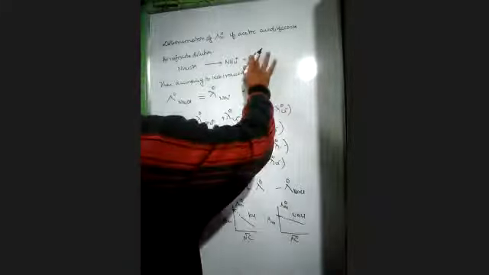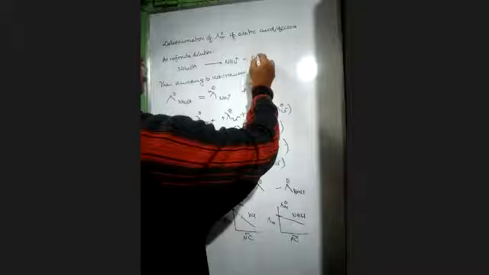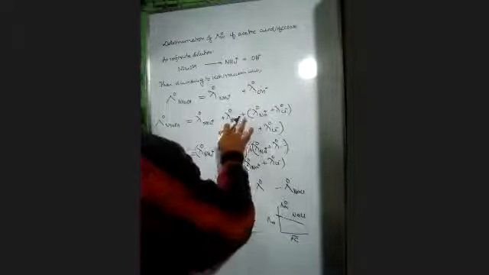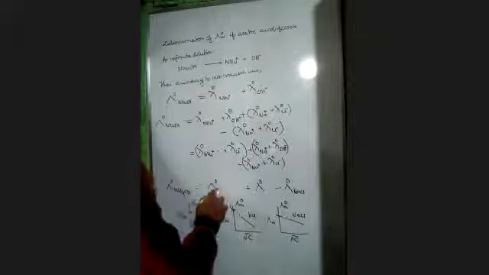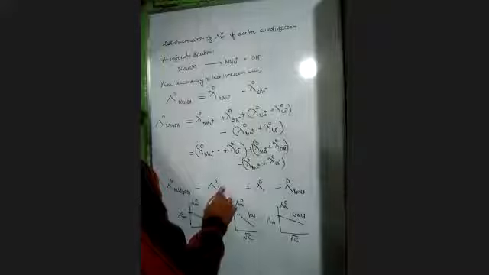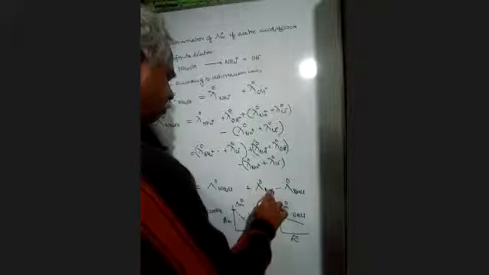Ammonium hydroxide. So Na plus will combine with this. It will be OH minus. So if I write both of them together, what do you get here? Ammonium chloride, sodium hydroxide. These are all strong electrolytes. So you get it by this method.